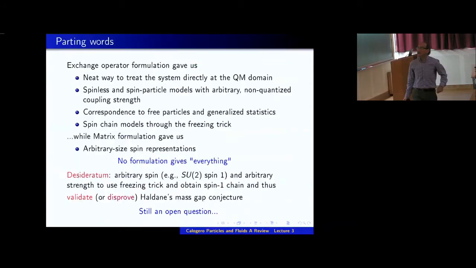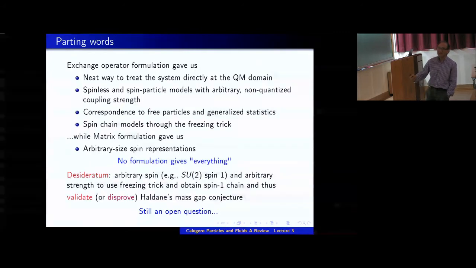So we are done essentially with the particle system, the exchange formulation and spin chain models. Let me summarize what we obtained out of that formulation. From this operator formulation, we found, first of all, a new, neat way to treat the system, in a way that we can not only diagonalize it, but also introduce spins practically for free, and then deduce the spectra of spin chain models that are distilled through this process.